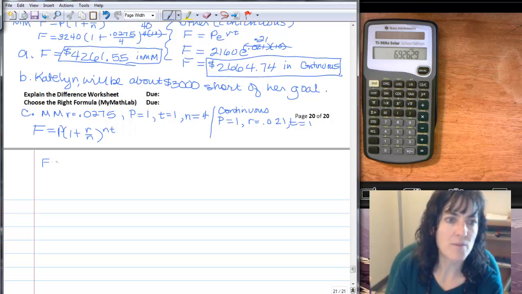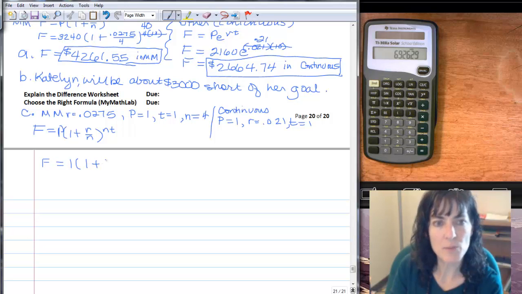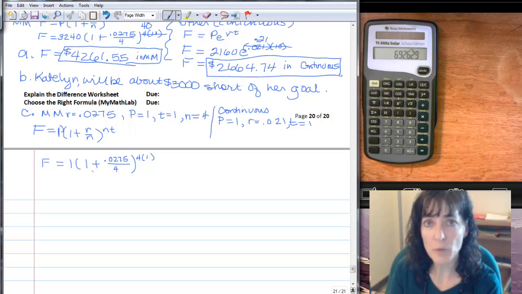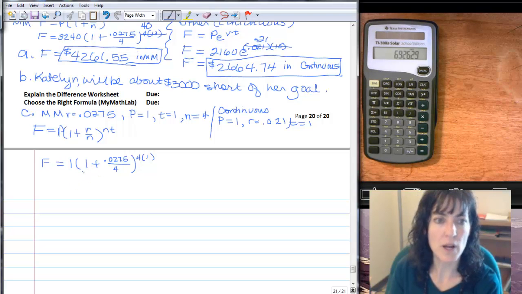So we'll have F equals 1 for the P times the quantity 1 plus my R is 0.0275, my N is 4, and raised to the 4 times 1 for my T. So remember, 1 for the P, 1 for the T, and then the other values from your problem. This one's a compound interest problem originally, so I'll use the compound interest formula to calculate the APYs.